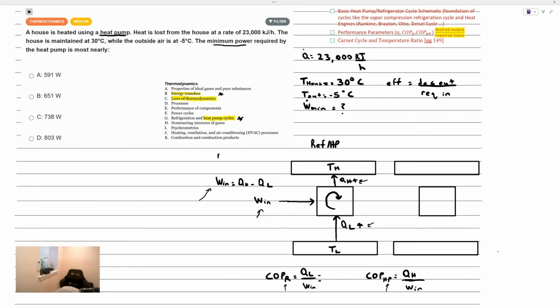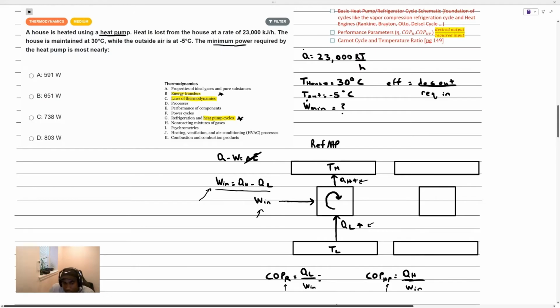Note that the first law of thermodynamics states that heat transfer minus work is the change in energy, and for a cycle, there is no change in energy. We begin and end at the same thermodynamic state such that the heat is equal to the work. Right? Once we do that and account for the signs, we get this equation right here that we can substitute into our denominator.